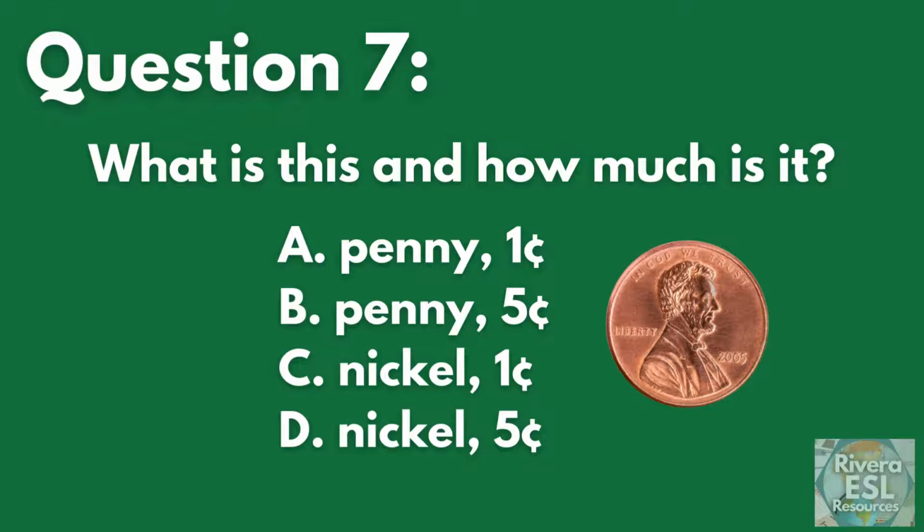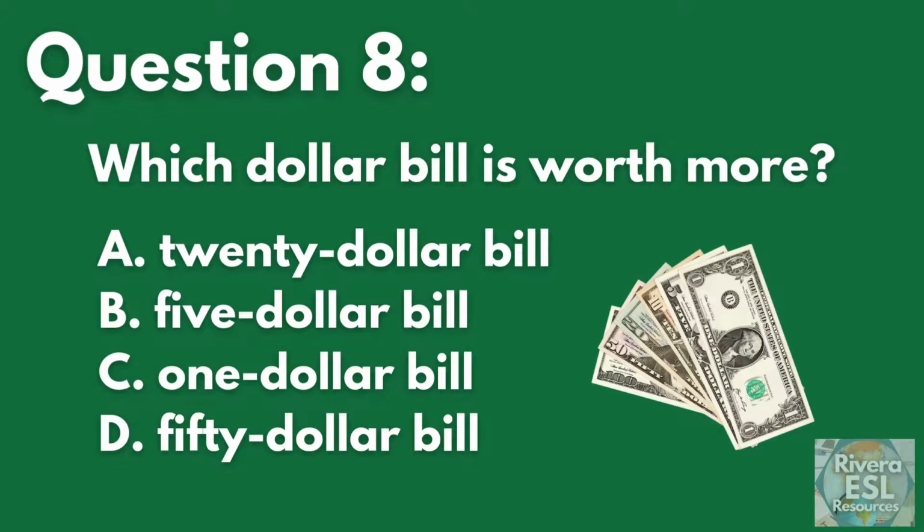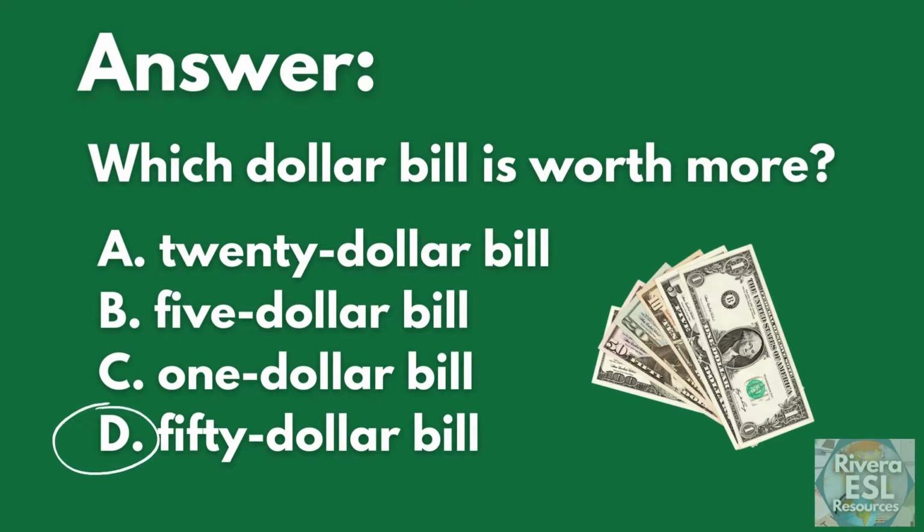C, nickel 1 cent. Or D, nickel 5 cents. The answer is A, penny 1 cent. Question 8. Which dollar bill is worth more? A, $20 bill. B, $5 bill. C, $1 bill. Or D, $50 bill. The answer is D, $50 bill.